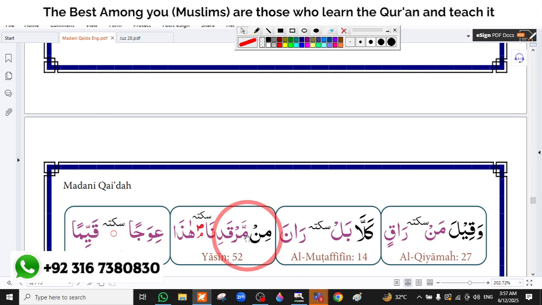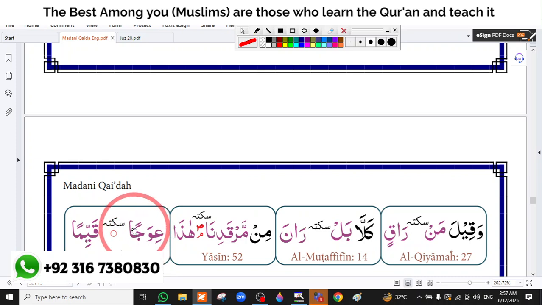Next there is the letter meem, which is from yamloon, so we will do ghunna. Mim. Marqadina hadha. Very good. Next one, please.